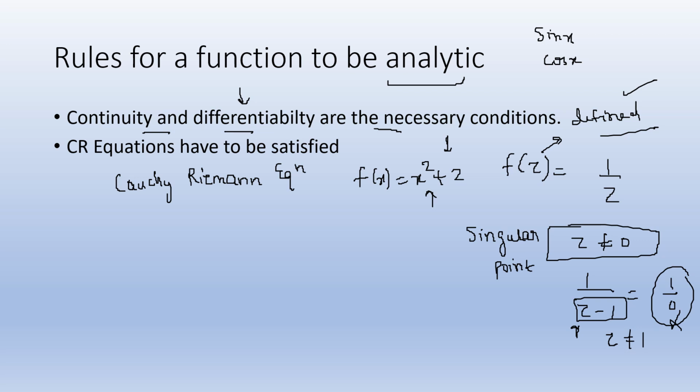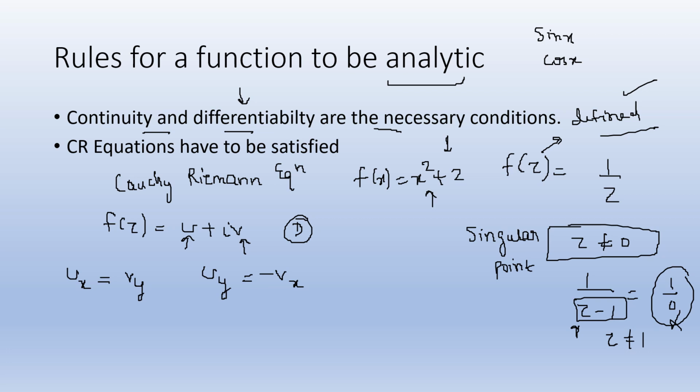Let's say you have a complex function in the form of u plus iota v, where u is the real part and v is the imaginary part, and you want to check its analyticity in domain D. So what you will check is whether u and v satisfy Cauchy-Riemann equations. And these equations are ux has to be equal to vy and uy has to be equal to minus vx, at every point in domain D.